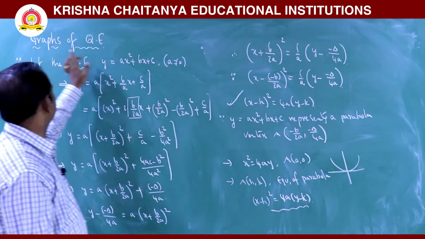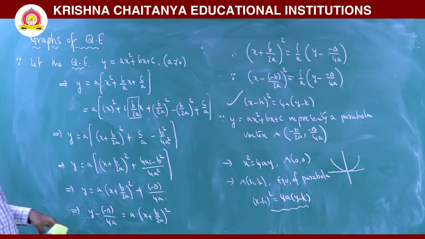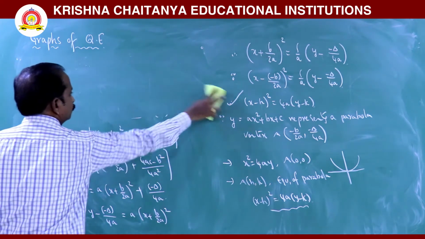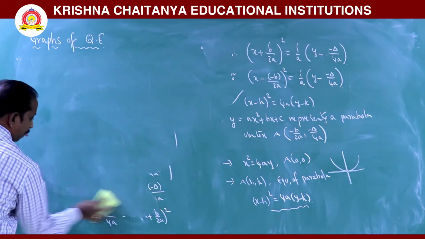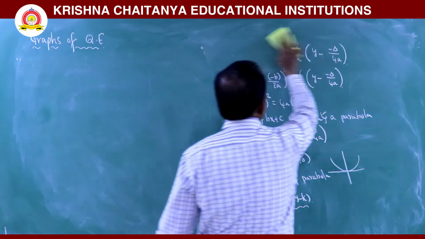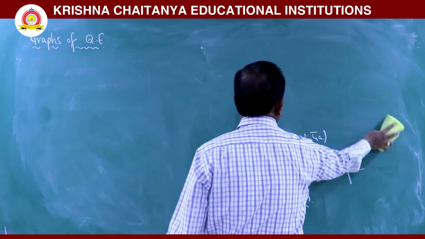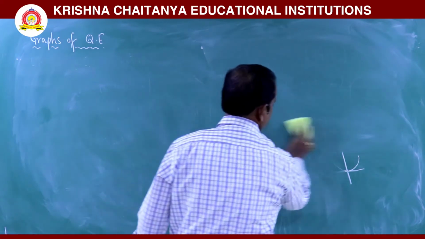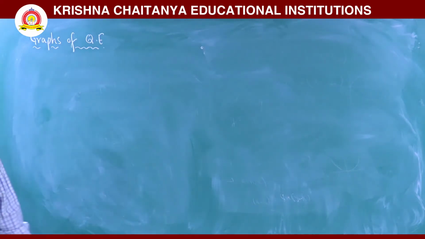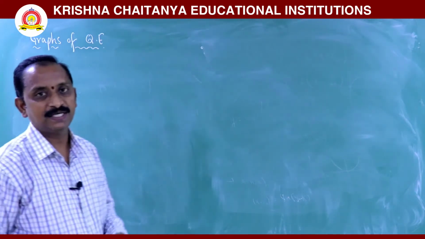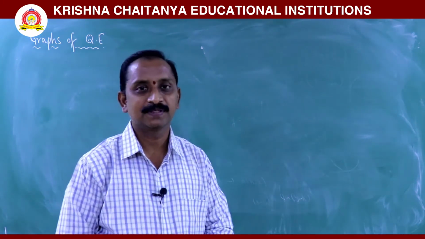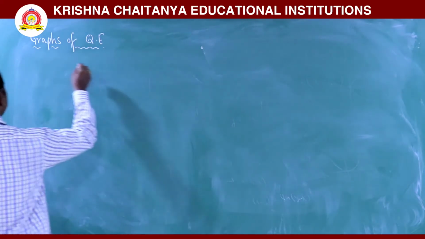Now we discuss graphs of a quadratic equation or expression. y is equal to ax square plus bx plus c represents a parabola, clear, and a not equal to 0.